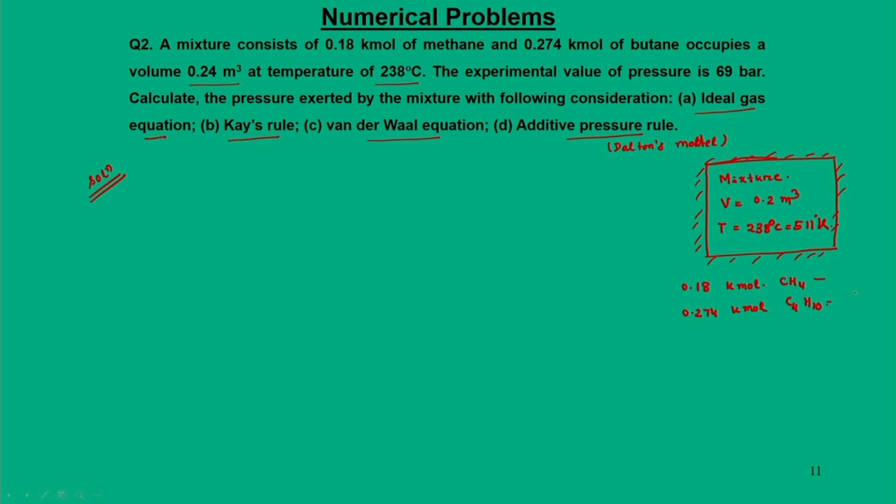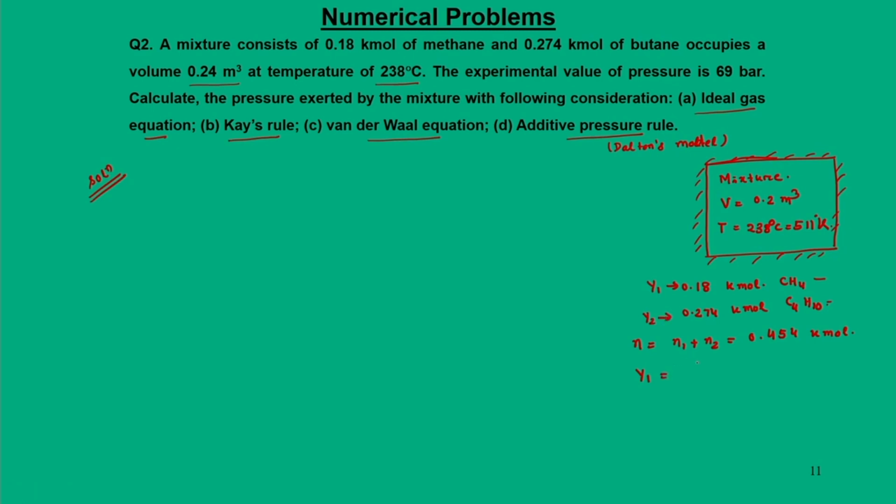Now, the first thing we need to find out is the total number of moles. N is equal to N1 plus N2. If you sum it up, this is 0.454 kilomole. Then we can find out Y1 and Y2. Y1 stands for methane, Y2 stands for butane, C4H10.